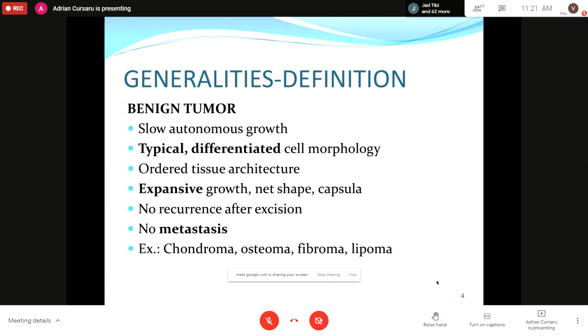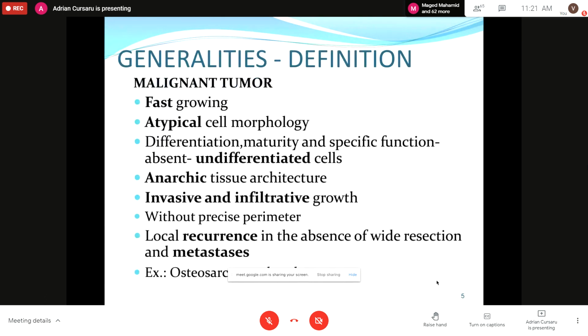For example, we have chondroma, osteoma, fibroma, lipoma, depending on the type of cell from which the benign tumor grows. The malignant tumors are fast growing, and it is very important that they have an atypical cell morphology. If we are discussing the benign tumor, we have typical cell morphology. In malignant tumors, we have an atypical one.